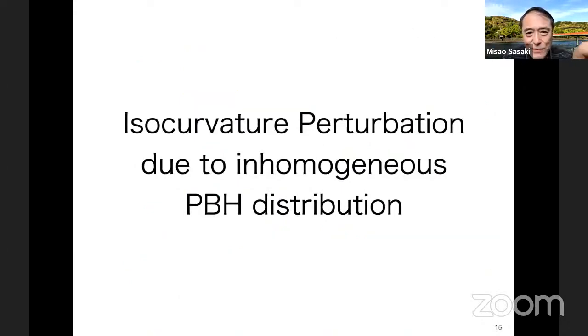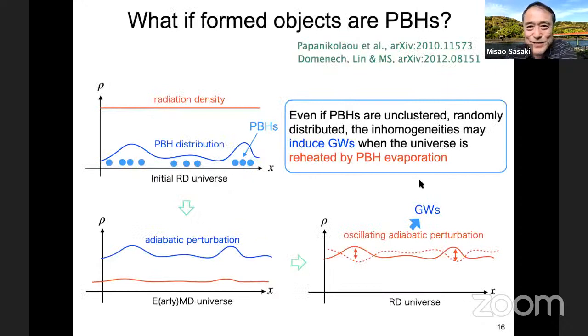Now, I don't have any time to go into it, but you can consider, if those objects are primordial black holes from the beginning, then you don't really need to form primordial black holes out of them, but those fluctuations can produce gravitational waves, as we have seen, and we can have some constraints on various models. In this case, the primordial black holes should be considered evaporating, as we have considered that the Q balls must evaporate.